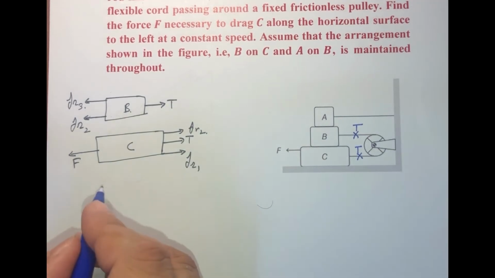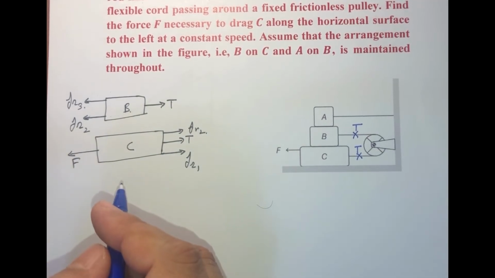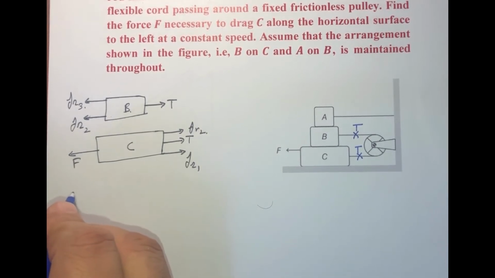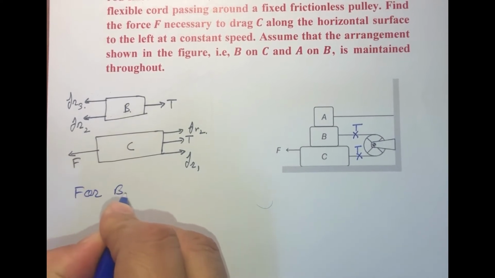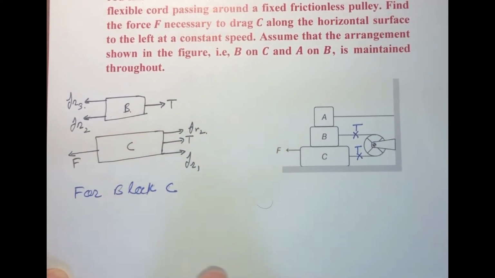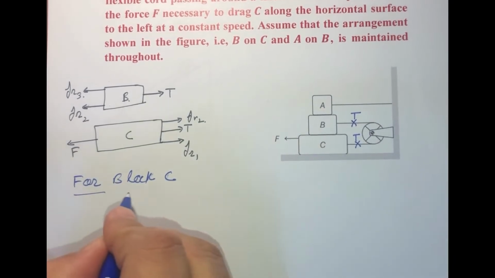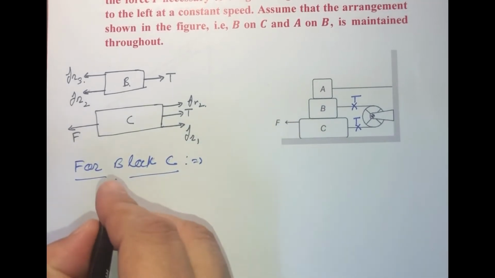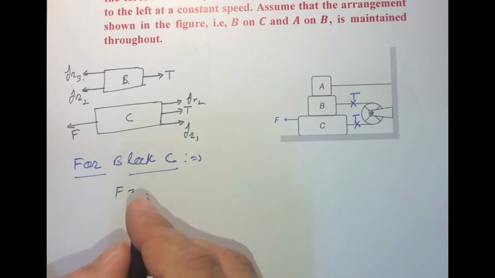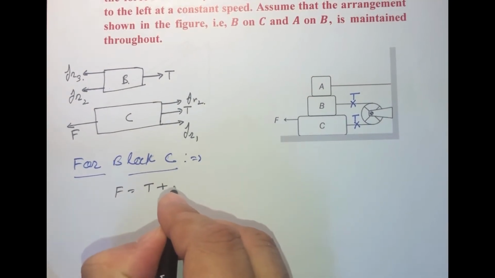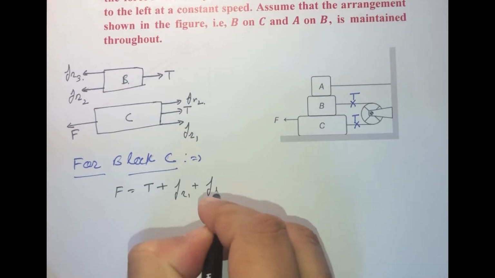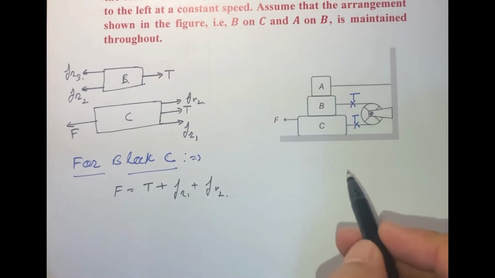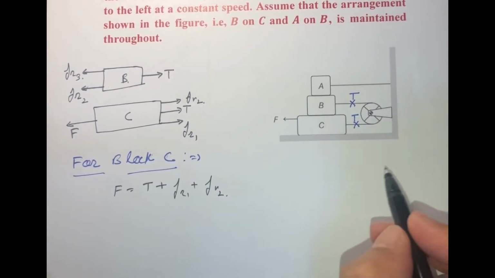So we can say, for block C, we are going to have F is equal to T plus FR1 plus FR2. And we can find out what FR1 and FR2 will be.